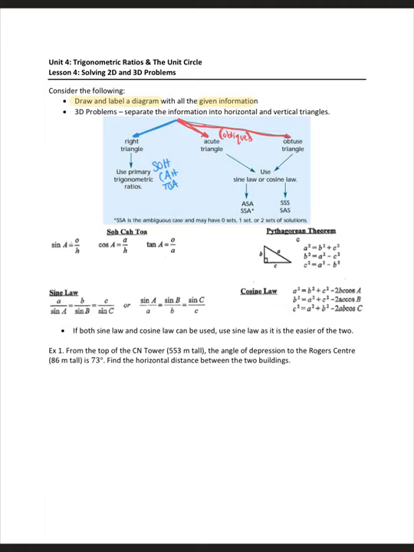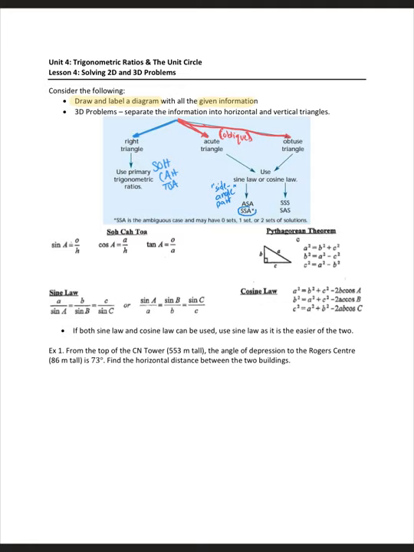So we use sine law when we have that side angle pair. So if we have a side angle pair in the triangle, meaning we know a corresponding side and angle length, then we can use our sine law. And we always want to use our sine law if possible because it's the easier of the two.